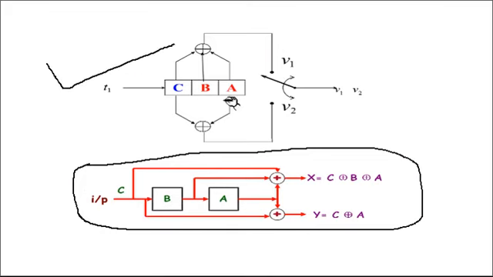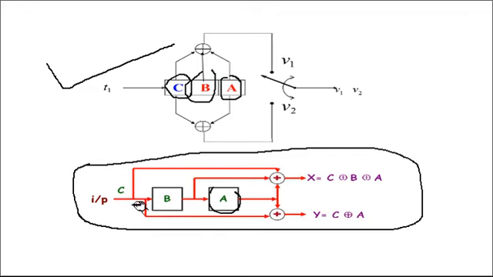The input bit C is accepted over here, B over here, and lastly A over here, along with the XOR blocks.